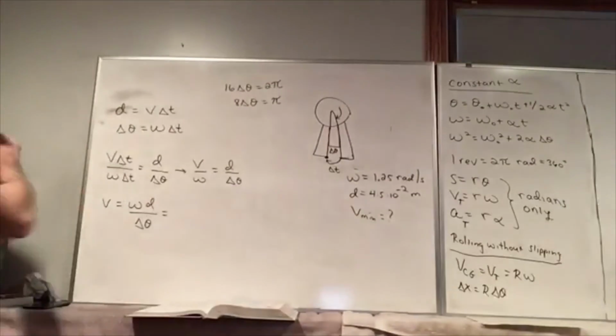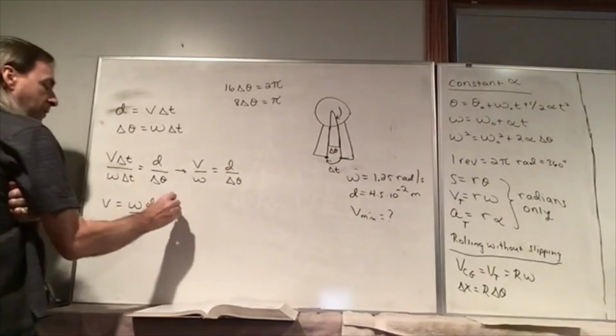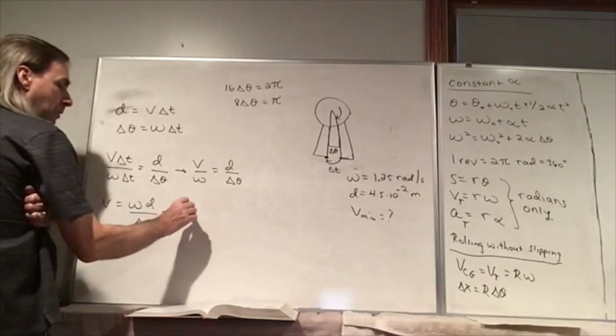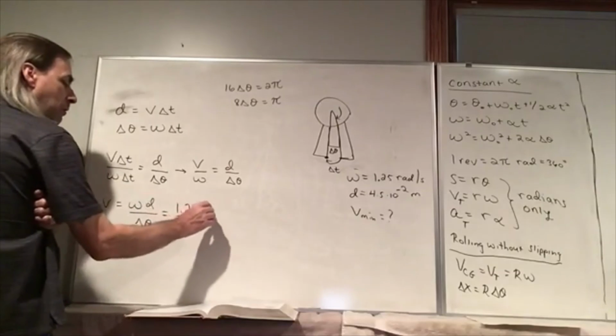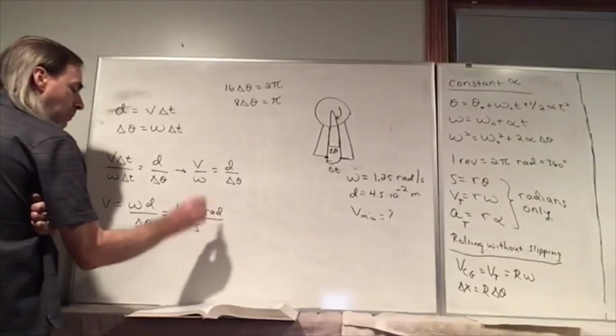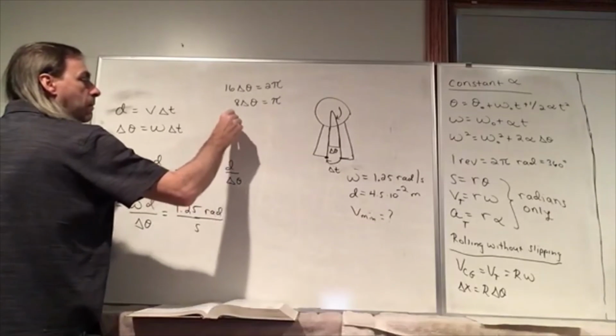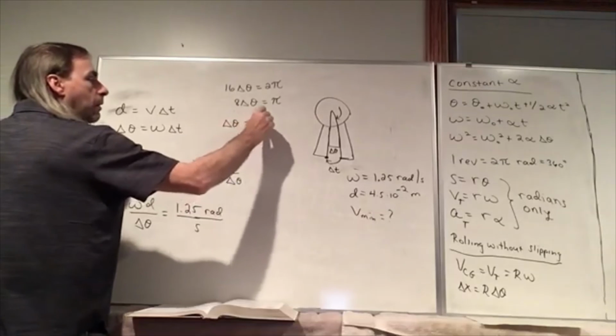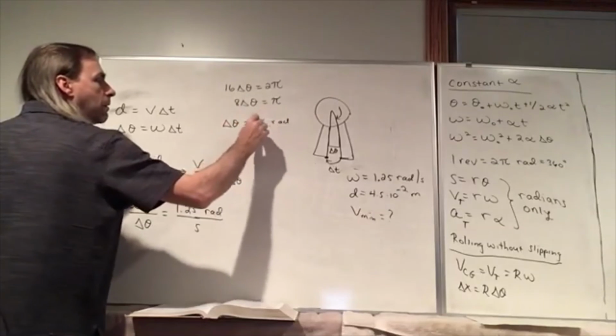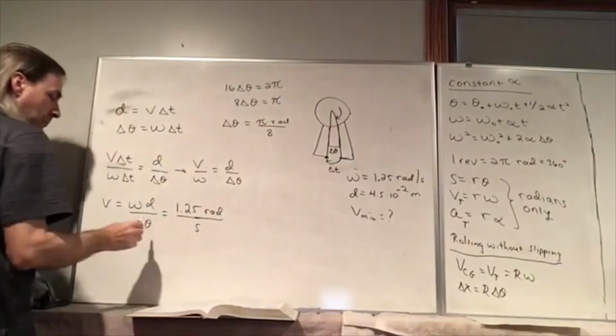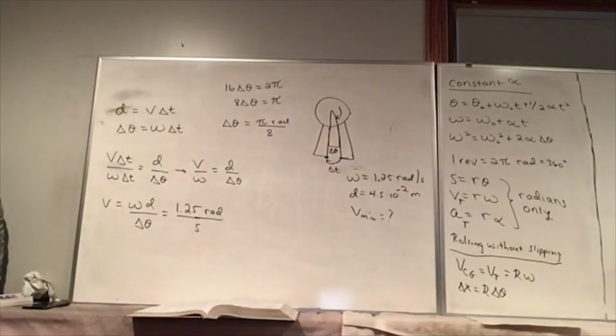It's that problem that keeps coming up. So here, omega, we have 1.25. Oh no, let's write it. We didn't actually use those equations that depend on radians. We're going to divide by delta theta. Oh, what is delta theta? Delta theta is pi radians over 8. So we have to throw that in there as well.